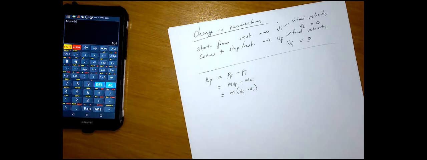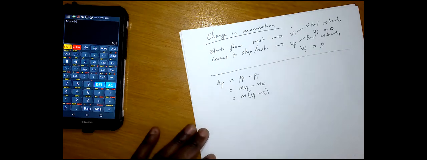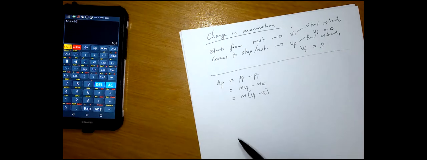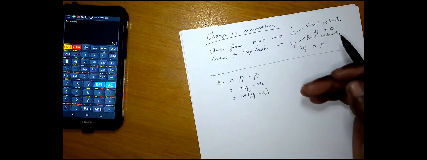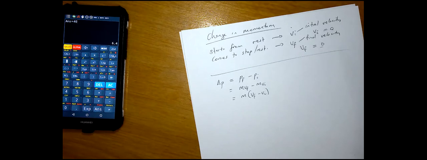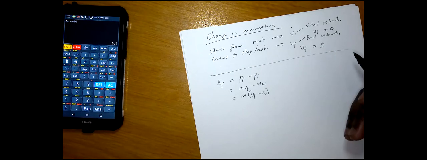That's our change in momentum. Given every scenario, you must be able to determine your initial velocity and your final velocity, and the mass doesn't change.